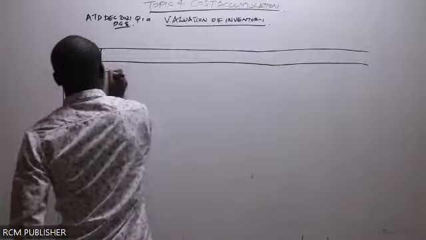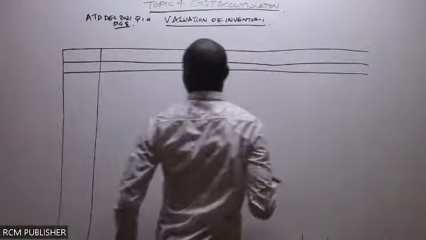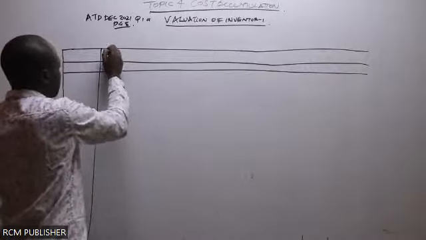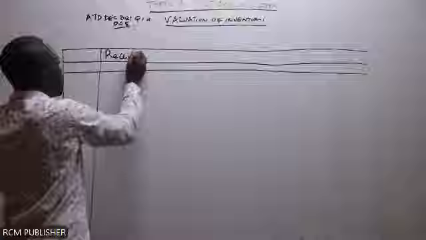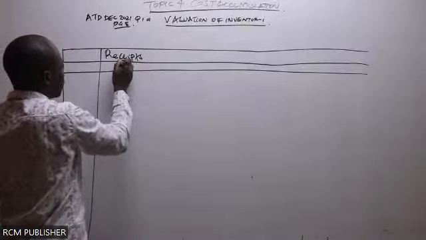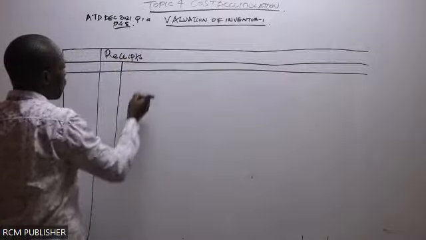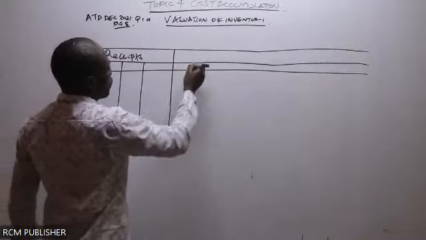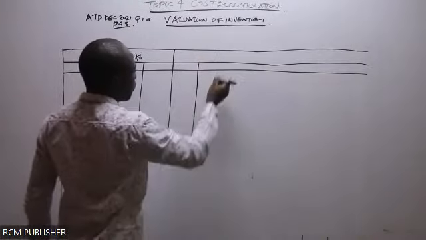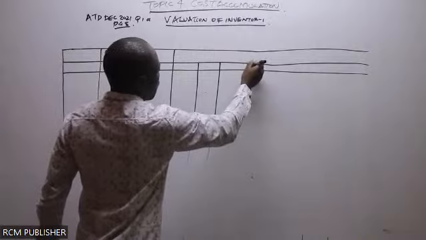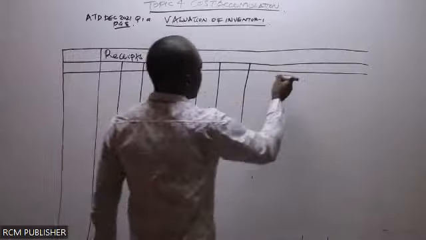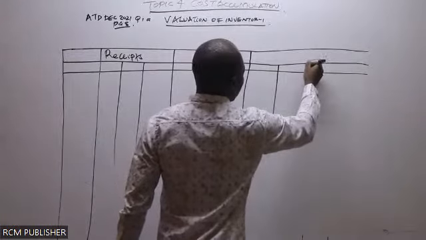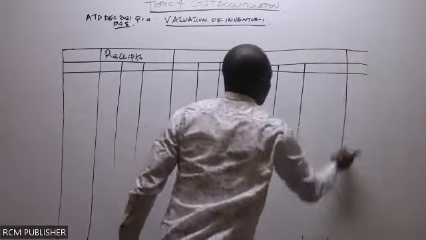And for these receipts, we have to indicate 3 columns. Our first column under receipts will be units. Then we have cost per unit, then amount. We'll indicate also units, cost per unit, then amount. Then we are also going to have units, cost per unit, then amount.